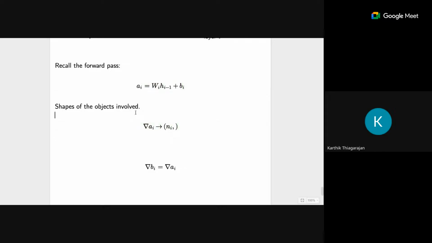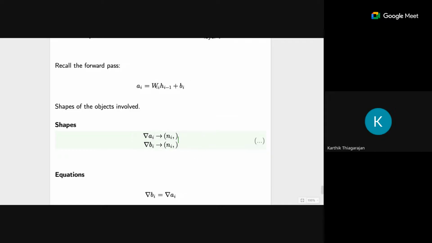So I'll keep noting down the shapes here and the equations here, so that you see the clear parallel between them. So this is bi. And notice that the forward pass equation gives you all the information that you need.